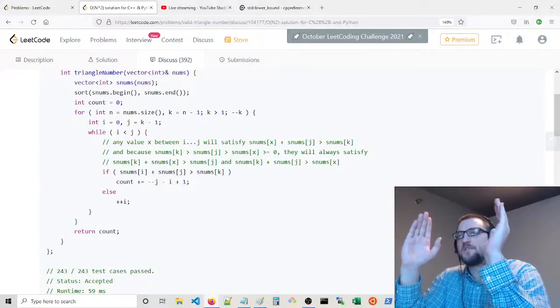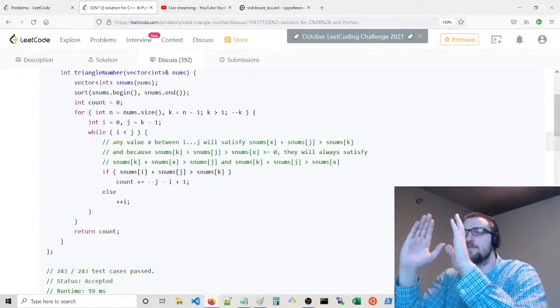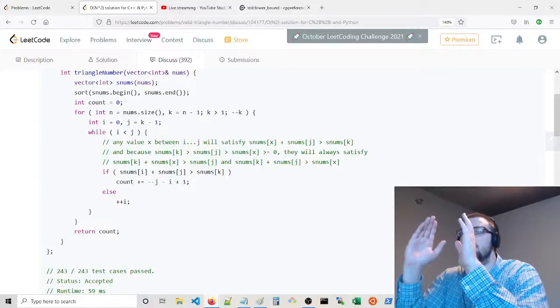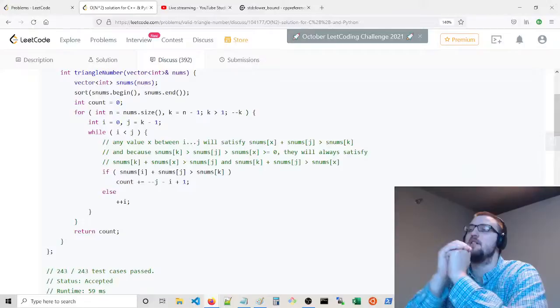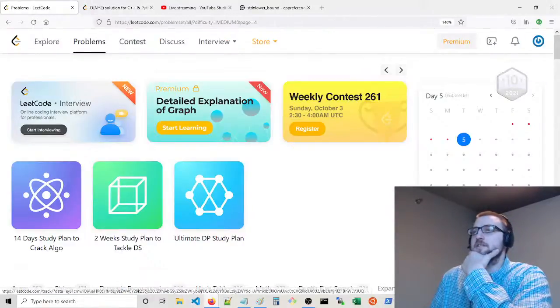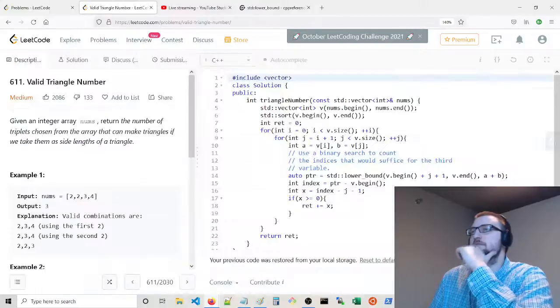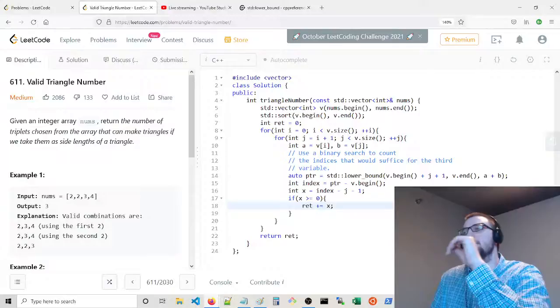If it's not larger, then you can increase i until it is larger, and then take all of those. Then you decrement j once you've found all the sums. Oh, I see. That's super smart. I'm a dummy, I didn't even think of that. That's so much more clever than I even thought to do.